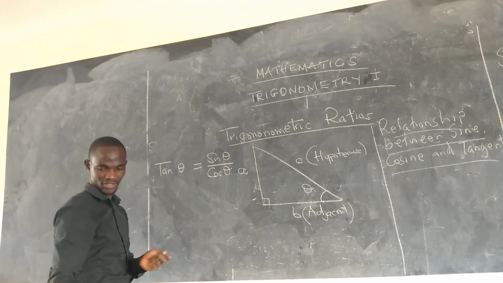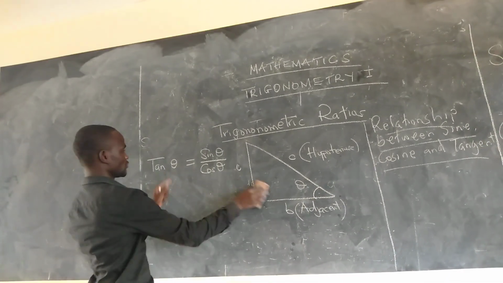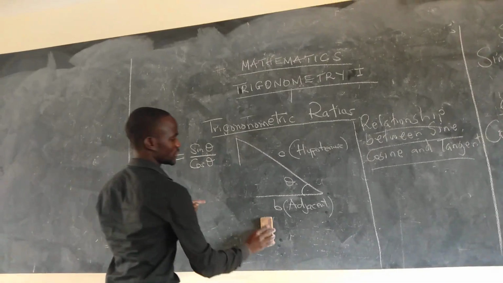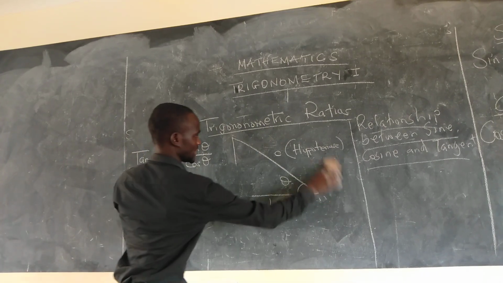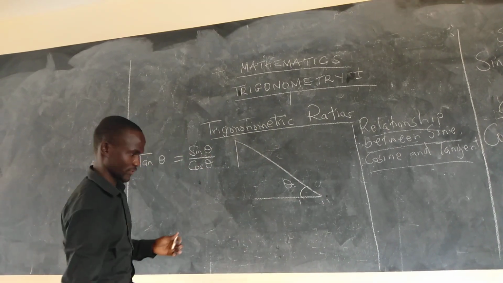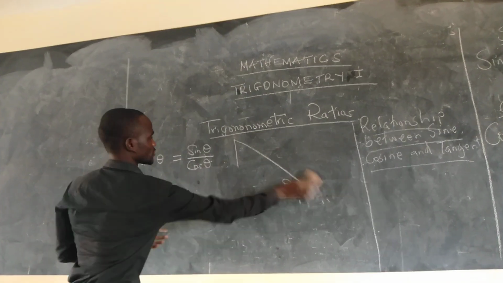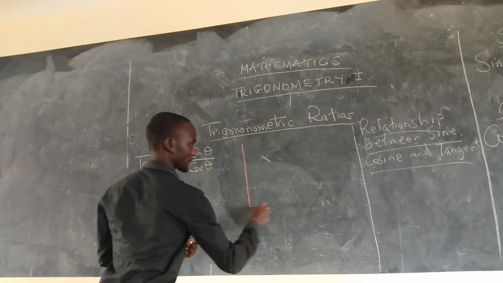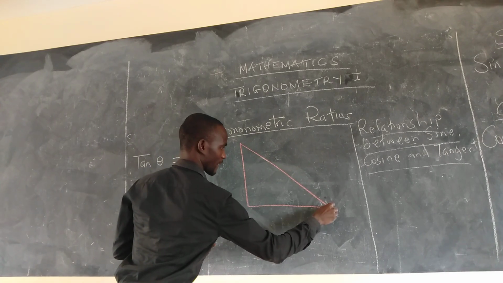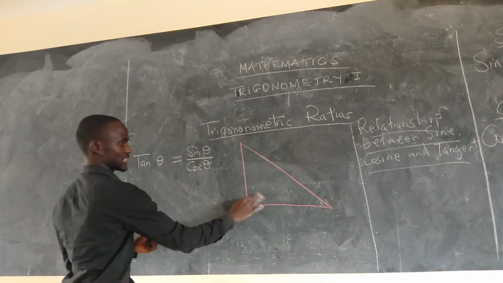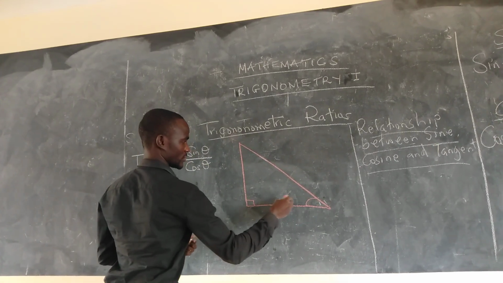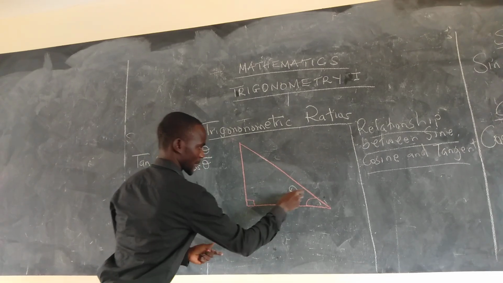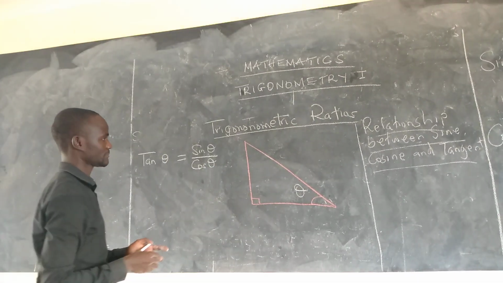We can still prove how tan theta will be equal to sine theta over cos theta. Still making reference to a right angle triangle, we have our theta here.